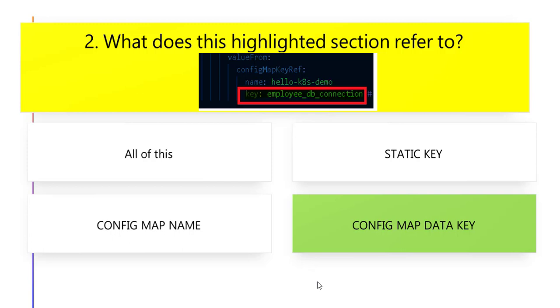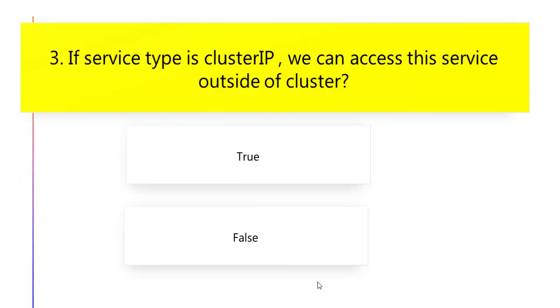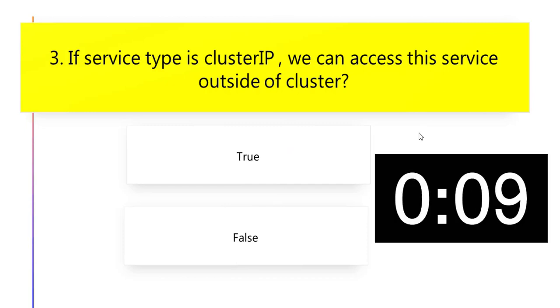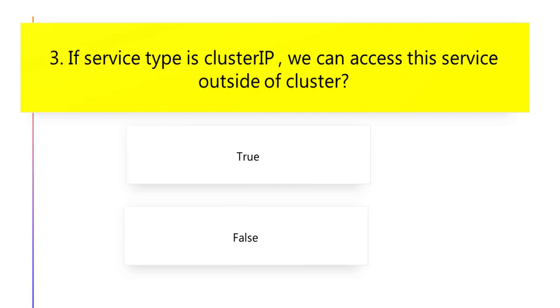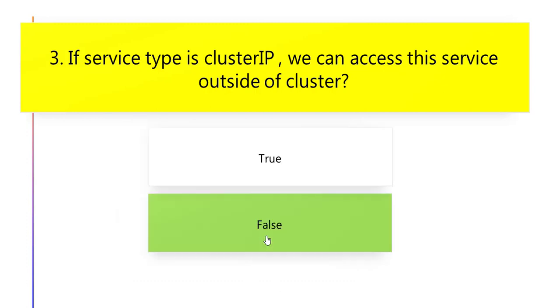Now moving to the next section. This has only two options, and the question is: if service type is cluster IP, we can access the service outside of the cluster. Is it true or false? Think about this, you have 10 seconds to answer, and your time starts now. The correct answer is false.